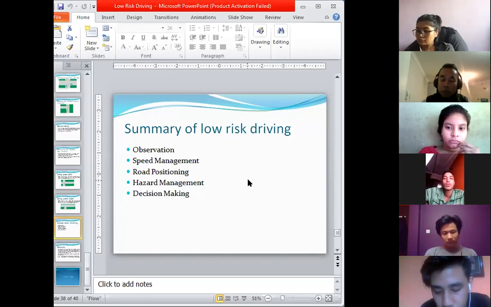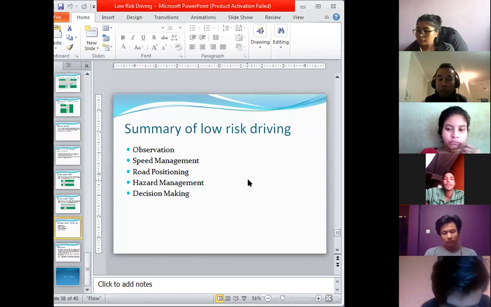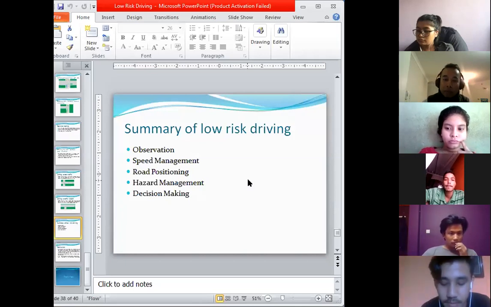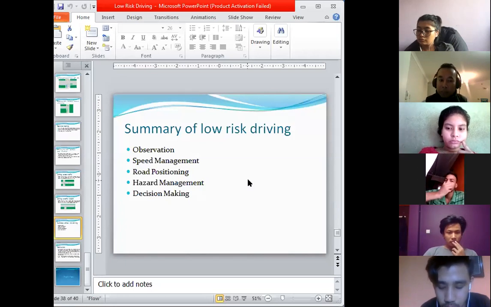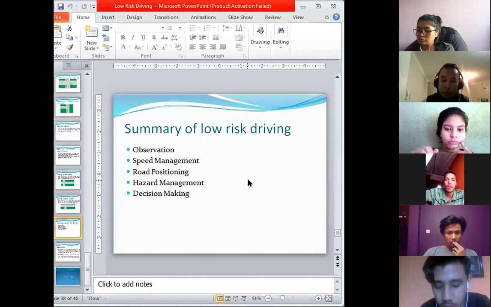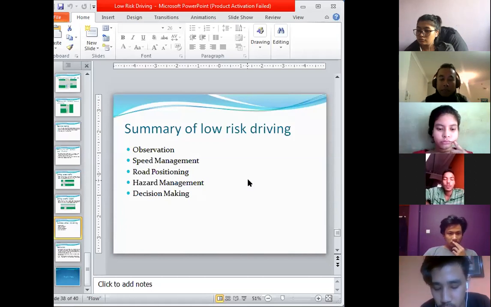And road positioning. In Australia, we drive on the left hand side. If there is no lane marking, you need to drive on the left side of the road, leaving a meter space from a parked vehicle or any object on the left hand side, like the curb or footpath. You must leave a meter space. When you are turning, you must follow the road marking.